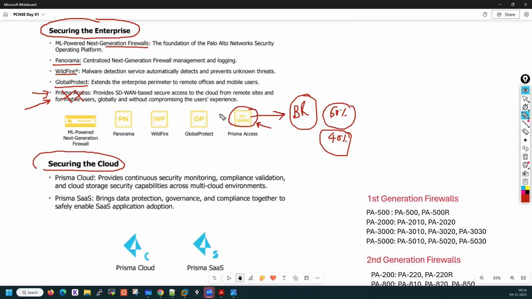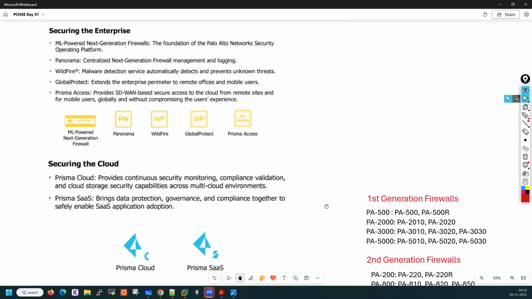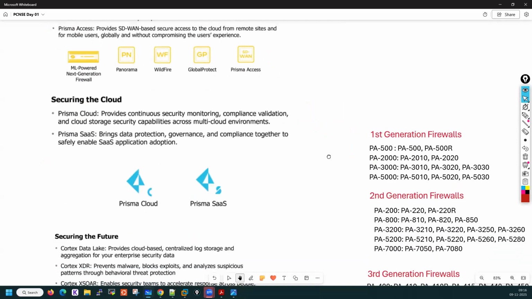Means now your SD-WAN routers can also do these firewall functionalities. Okay. So that is the reason they have put SD-WAN here as well. But you know, SD-WAN generally we deploy at the branches.